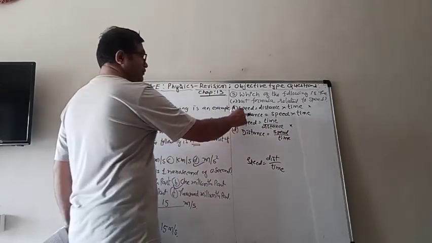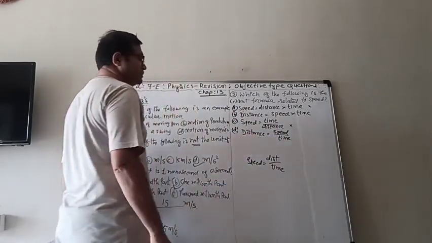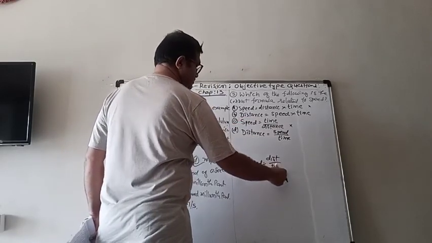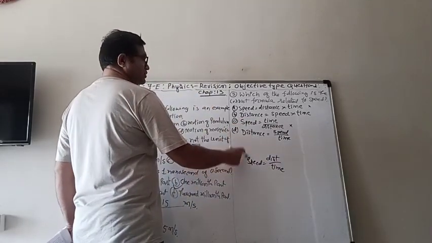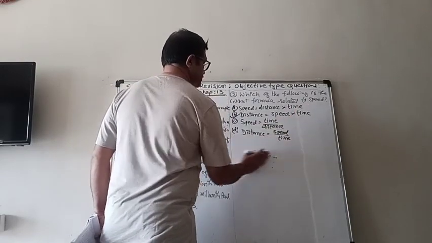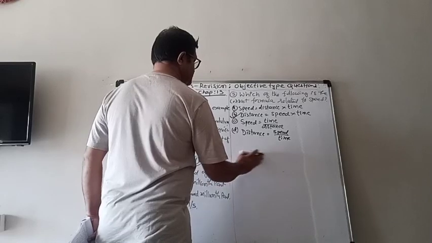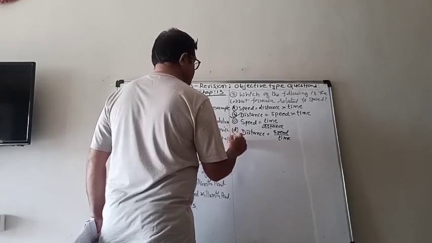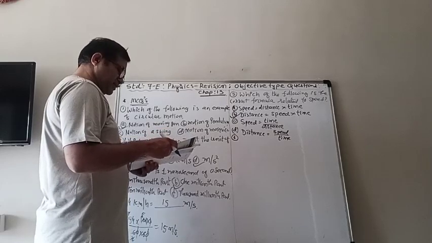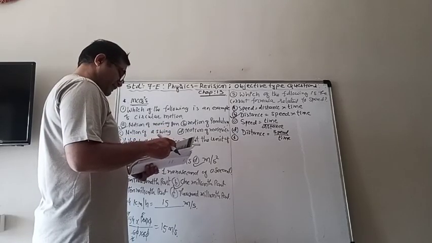Now here it is distance. If you keep distance here, time will come here. So B is the correct answer. So you just have to remember the real formula. Then from that you can change the side and find the final answer.